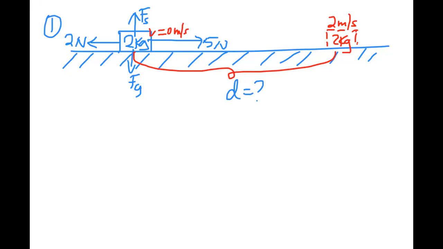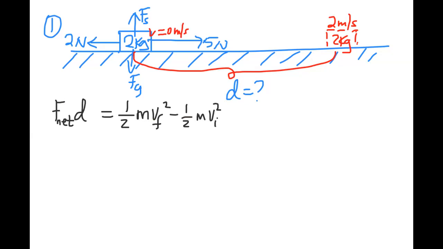What is the distance that the object has moved? Now I see that I can apply the work energy theorem. The work energy theorem tells me that if I multiply the net force times distance, the answer must be the change in kinetic energy, 1/2 mv final squared minus 1/2 mv initial squared.